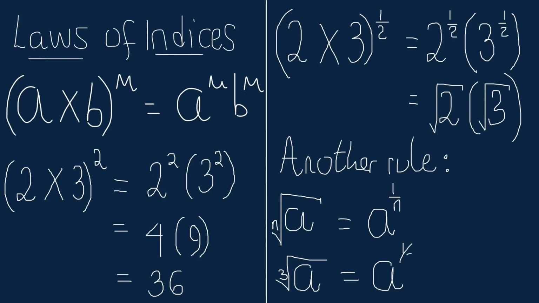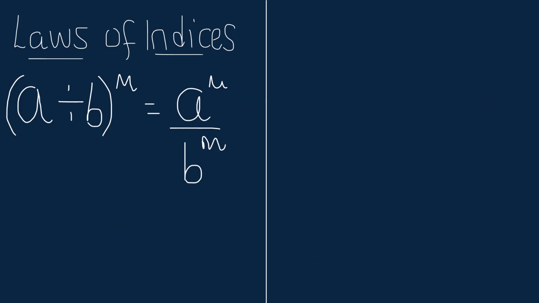Let's consider another law of indices. Rule number 3, when variables divide each other inside the bracket and express to an index outside the bracket.